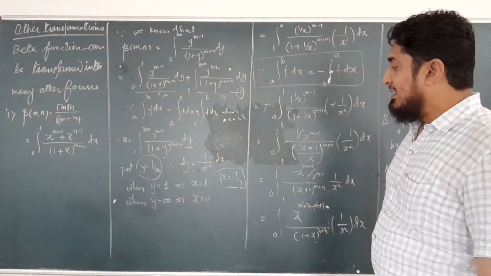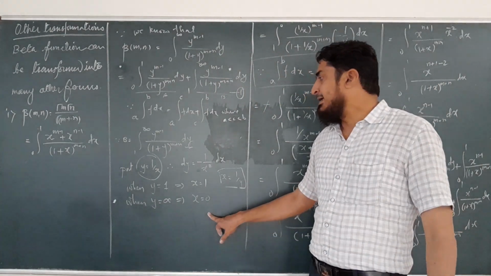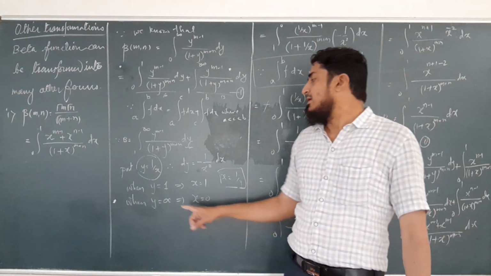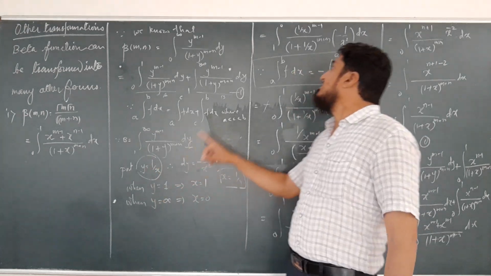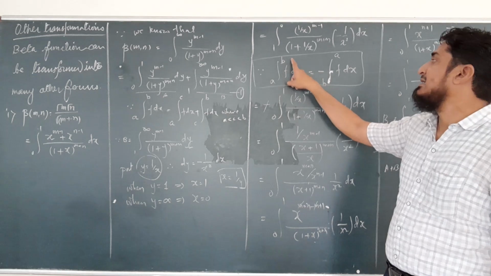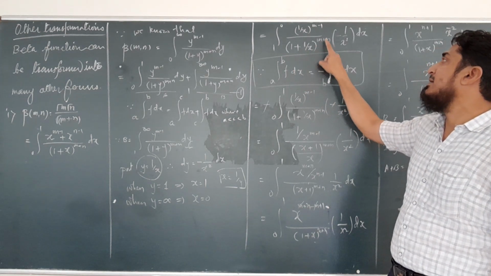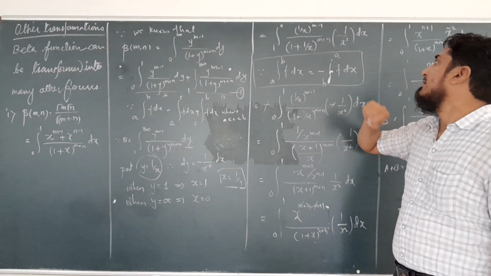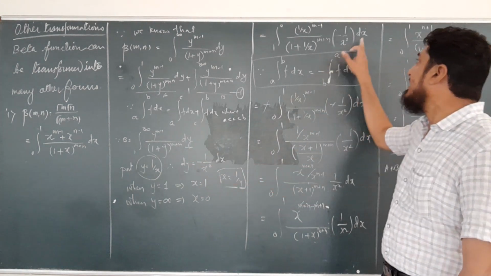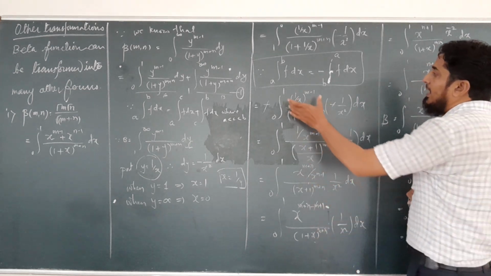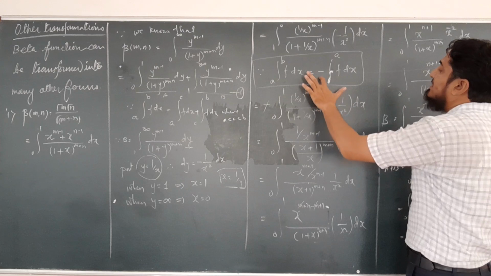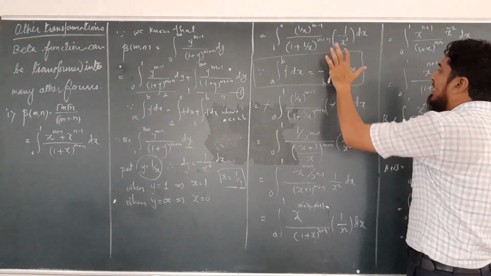For variable y, the integral runs from 1 to 0, and replacing y as 1 upon x, we will get 1 upon x raised to m minus 1 upon 1 plus 1 upon x raised to m plus n, and the value of dy is equal to minus 1 upon x square dx. Correct? Now we have integration from a to b f dx is equal to minus integration from b to a f dx.